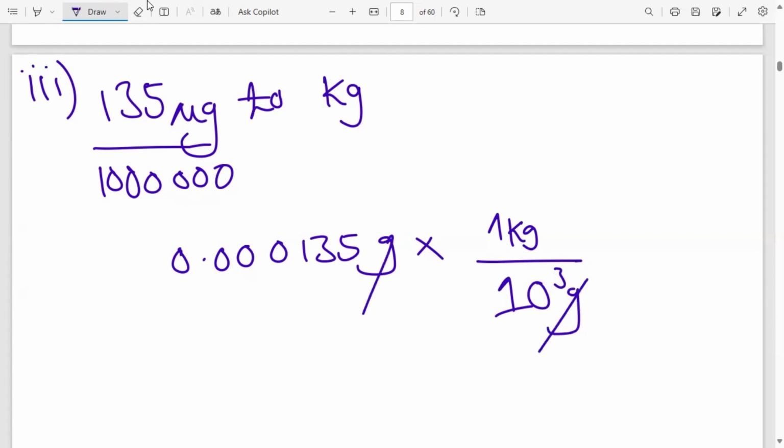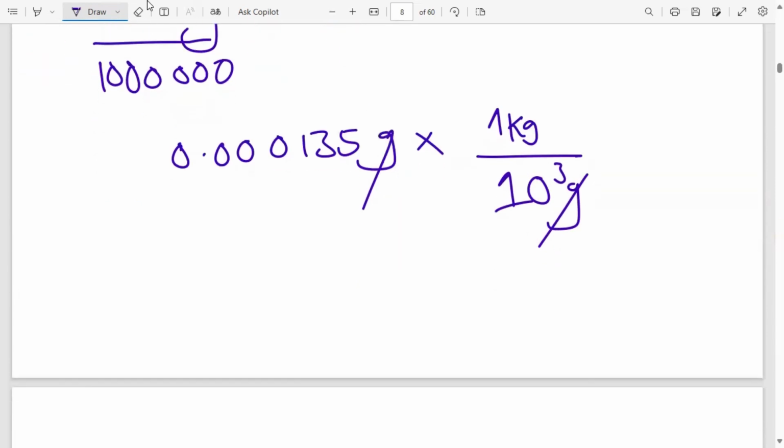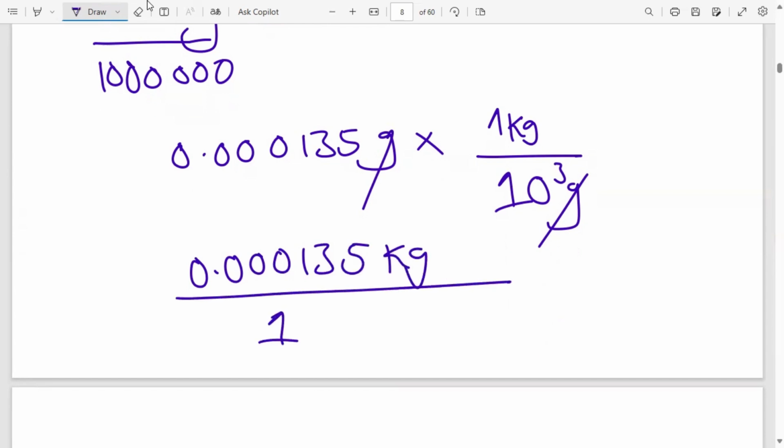These grams and those grams go. Then what am I going to remain with? I'm remaining with the 0.000135 kilograms over 10 to the power 3.